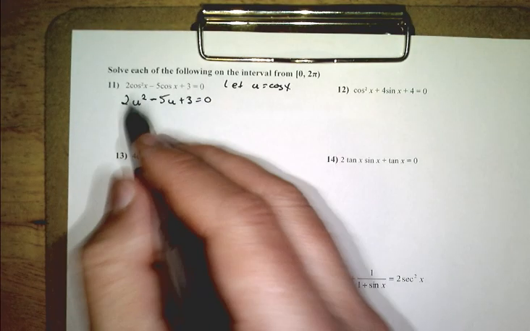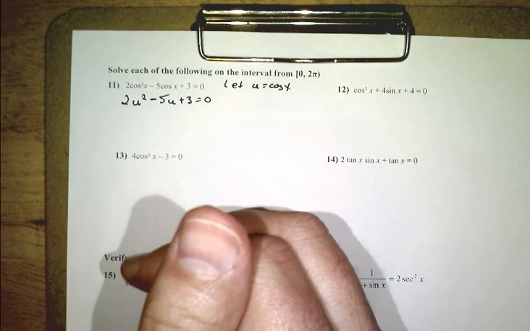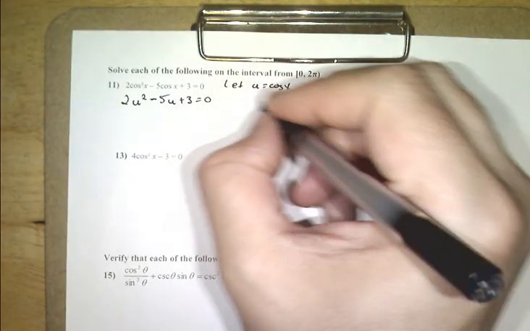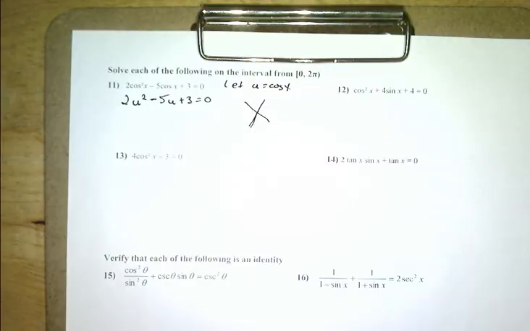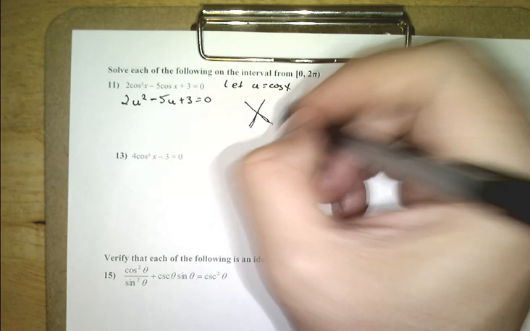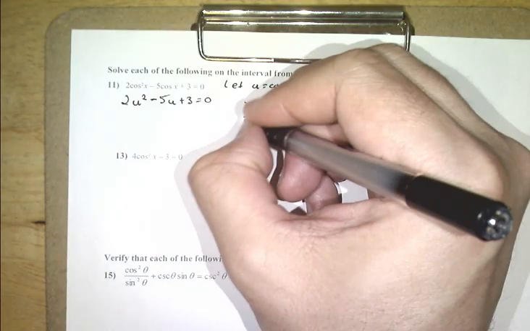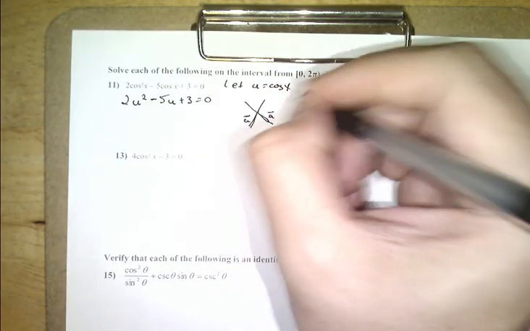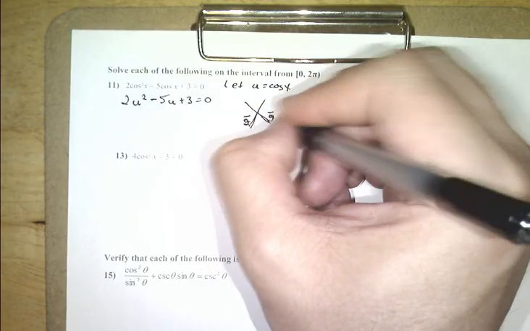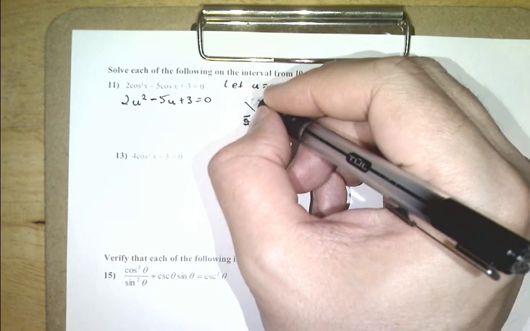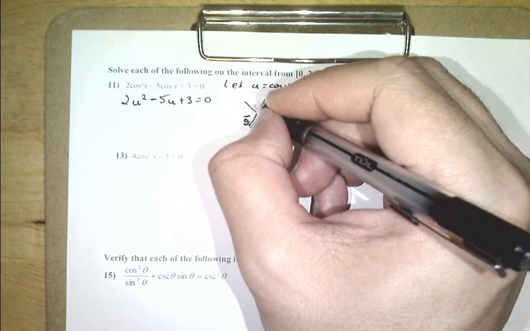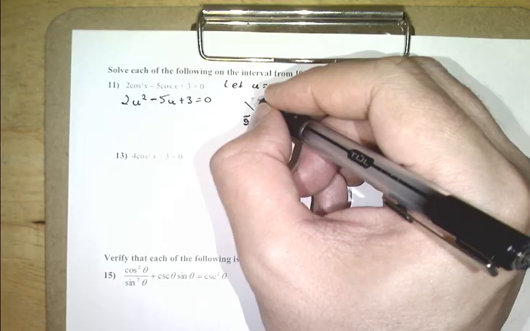So a is not 1 here, which is kind of annoying. So let's do the x method here. And if I remember this correctly, we're going to divide both sides by a when we're done. So dividing both sides by 2. And so this one is a times b. No, a times c.